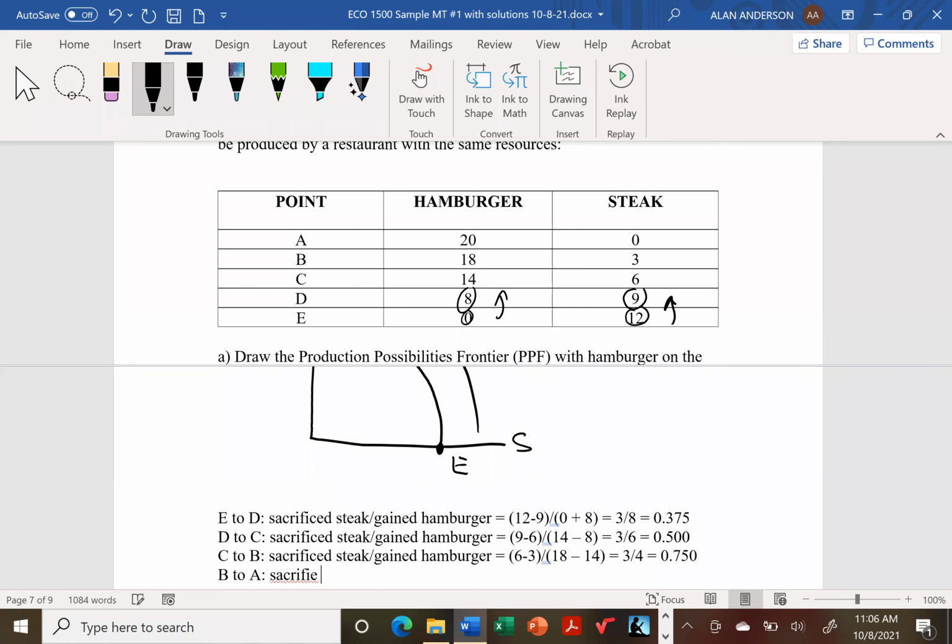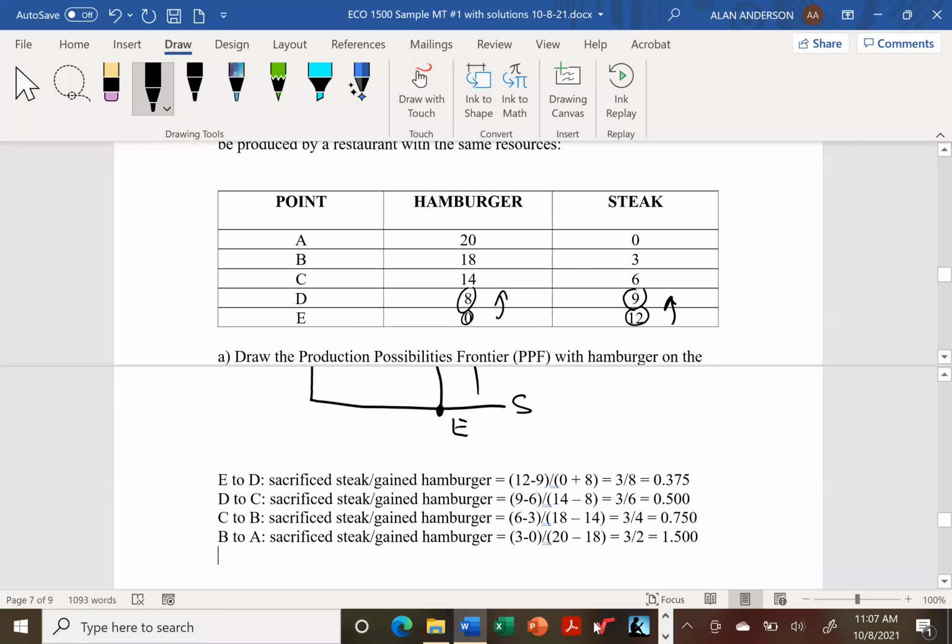If not, that means you're doing something wrong. This time we go from 3 down to 0 steaks. The burgers jump up from 18 to 20. Okay, so those are the opportunity costs.